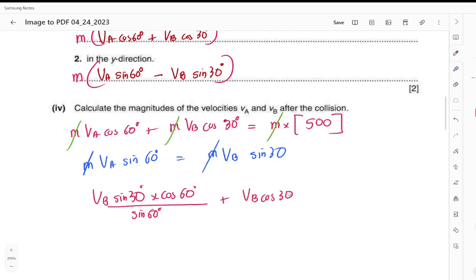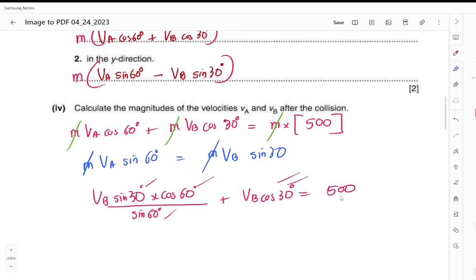Plus VB cos 30 is equal to 500. So we can easily find VB over here. Let me check if I've done it correctly. I made VA the subject in the second equation, so it becomes VB sin 30 over sin 60, which is correct. Similarly, cos 60, so this is all correct. And similarly, this is okay.